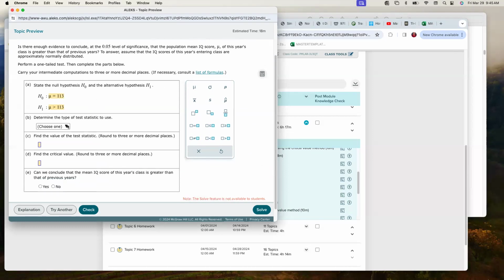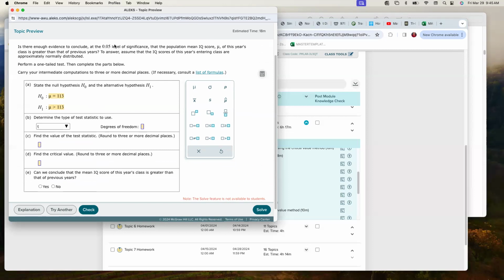All right, and we're using a t statistic. Now, this one wants to find the value of that statistic for the rejection region. So in other words, I want to find the t statistic with a p-value of 0.05. That's essentially what I'm doing here, okay?